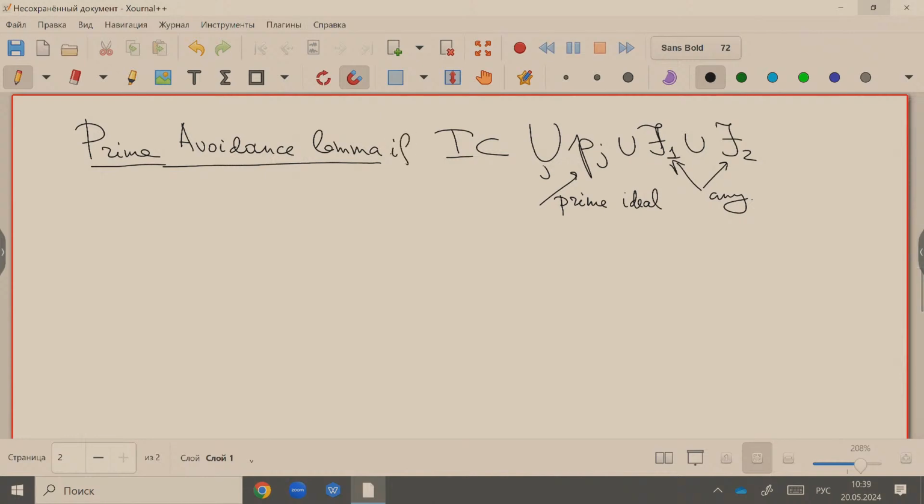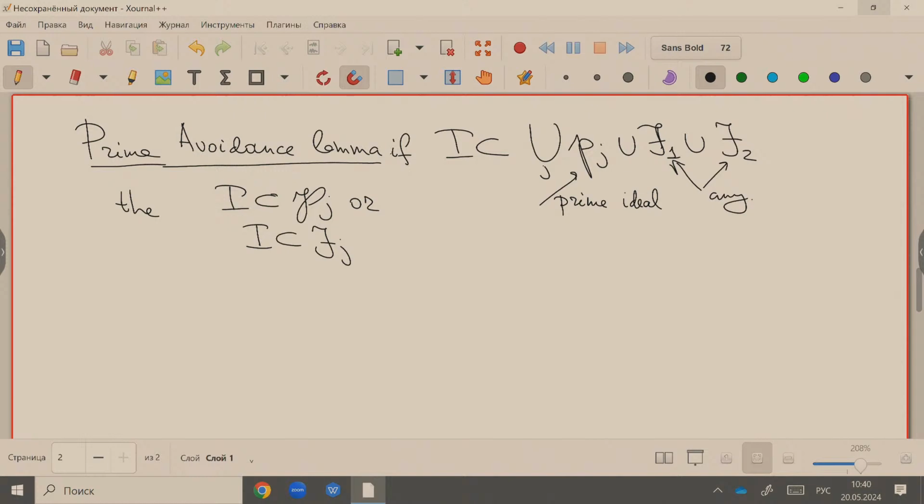If this holds, then I is contained in some Pj, or I is contained in J1 or J2. But here we shall use it only for prime ideals.